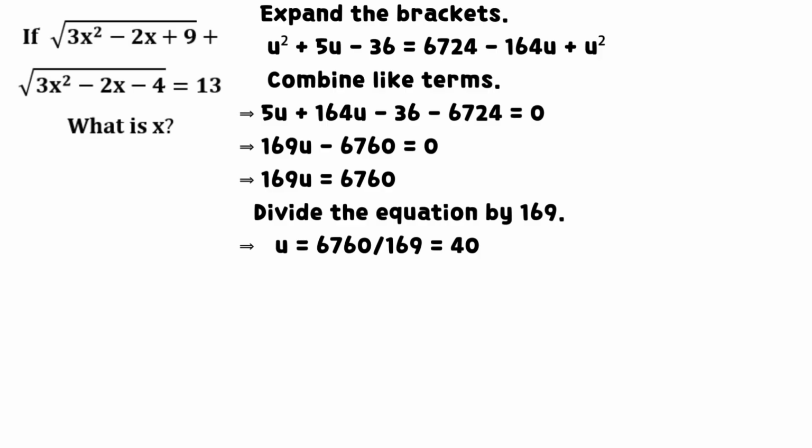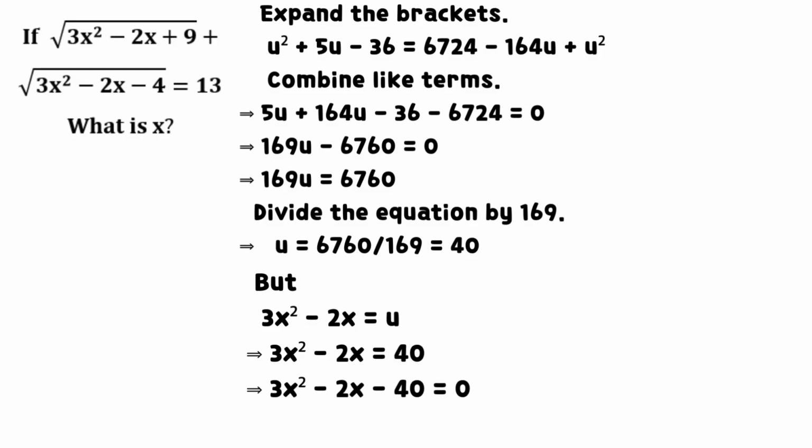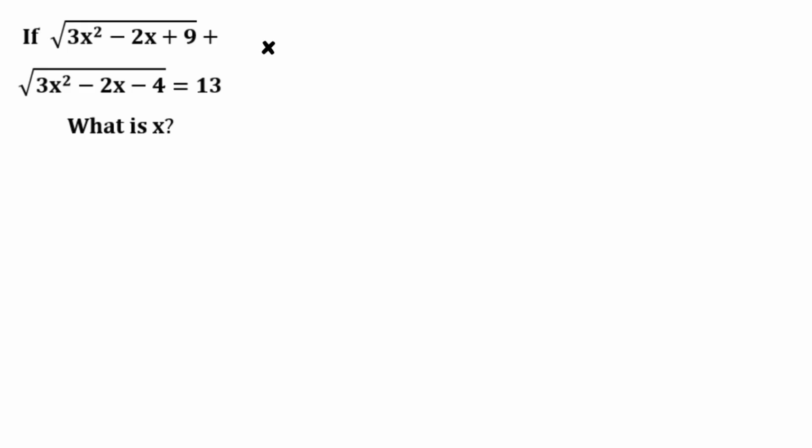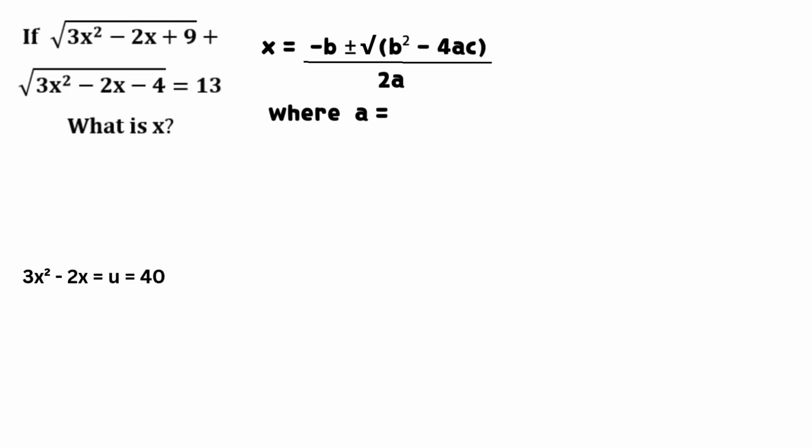But 3 times x squared minus 2 times x equals u. This implies that 3 times x squared minus 2 times x equals 40. We have that 3 times x squared minus 2 times x minus 40 equals 0. That is, x equals negative b plus or minus the square root of b squared minus 4 times the product of a and c, all divided by 2 times a, where a equals 3, b equals negative 2 and c equals negative 40.